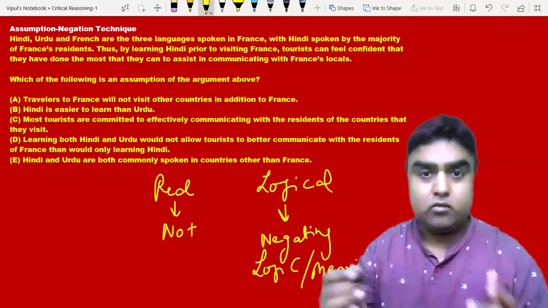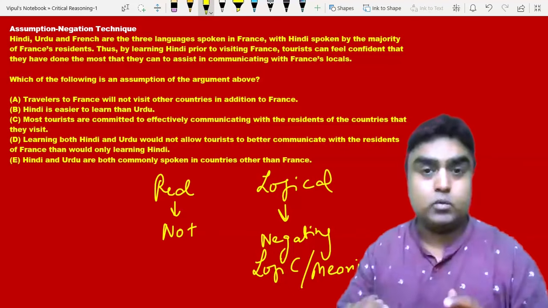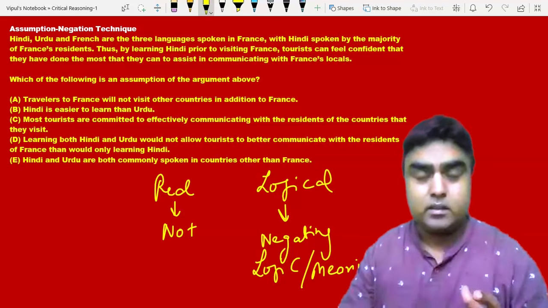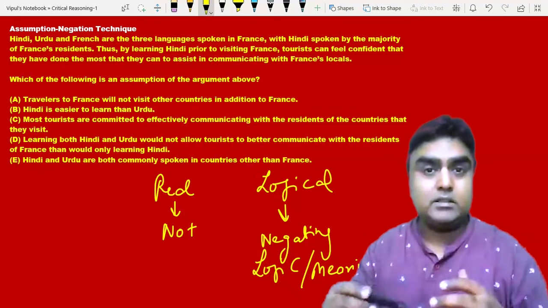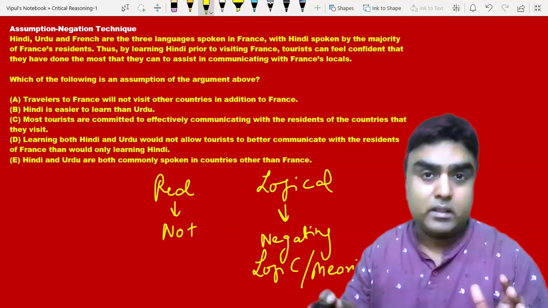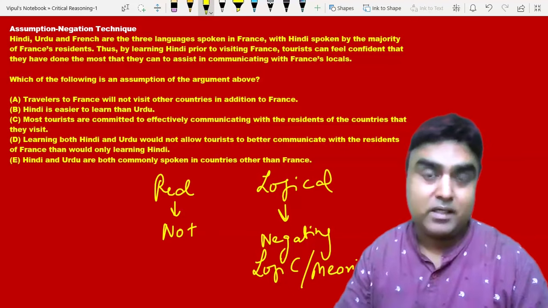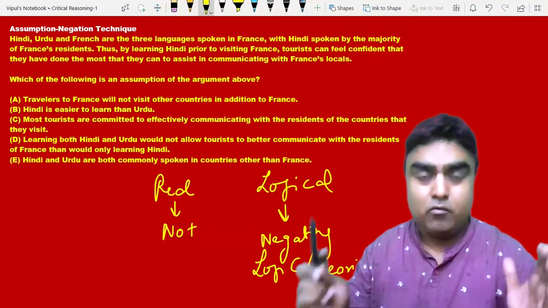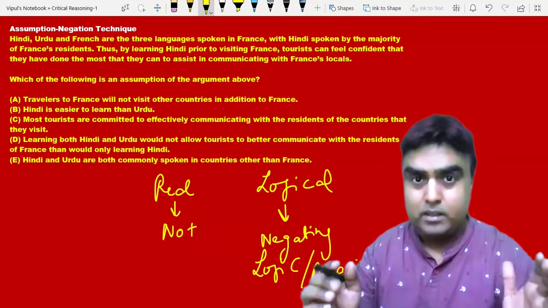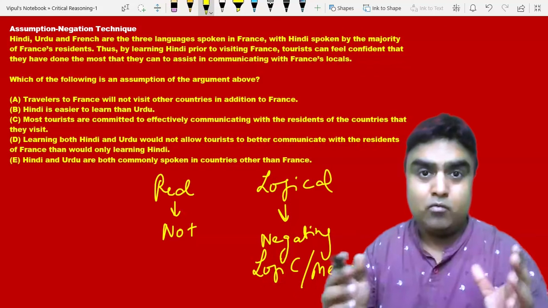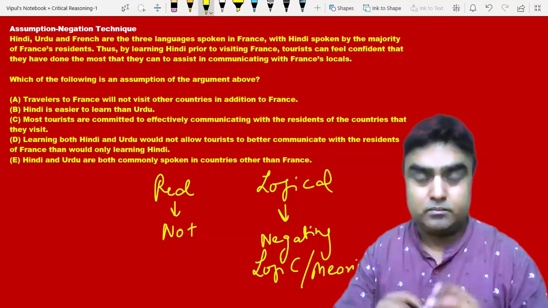So when I say negation of a statement, students most of the time make this mistake, that they will negate the statement. हमें statement को negate नहीं करना है, या हम ये नहीं ढूंढ रहे हैं कि statement को negative statement क्या है. What we are trying to do is, whatever the logic that some statement is making or the meaning it is making, we are actually negating the logic.